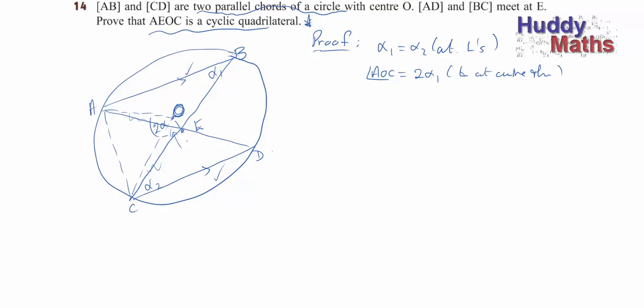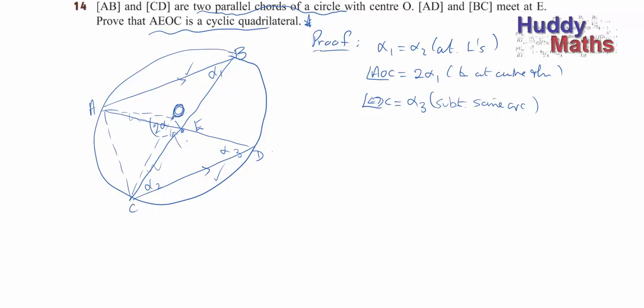I don't know whether we can there at this moment, but we could come down here and say angle EDC. Angle EDC is alpha 3 down here, and the reason for that is subtended by the same arc. Subtended same arc. Okay, and so we've got that.